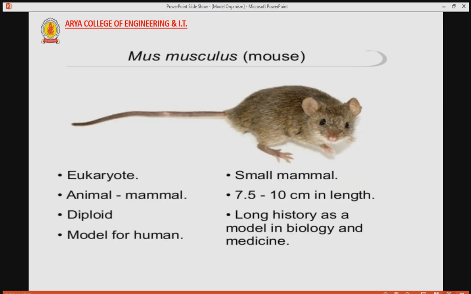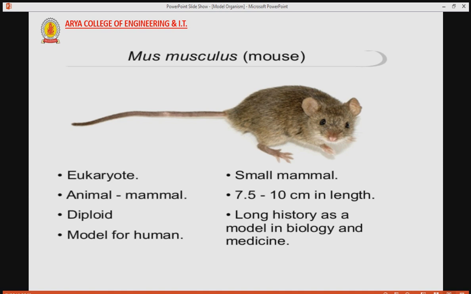The next one is Mus musculus, that is the mouse. From very ancient times, scientists have done various vaccine experiments on mice. Again, it is eukaryotic. It belongs to the animal kingdom, a mammal, meaning they give birth to their young ones. It is a good model for humans, though it is a small model mammal.